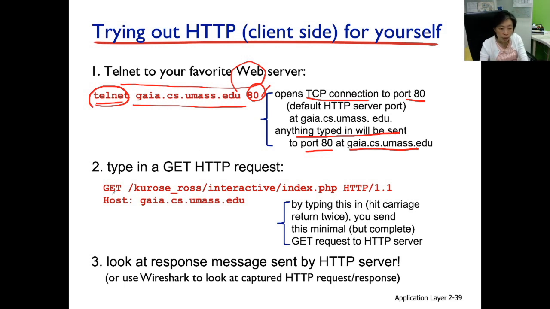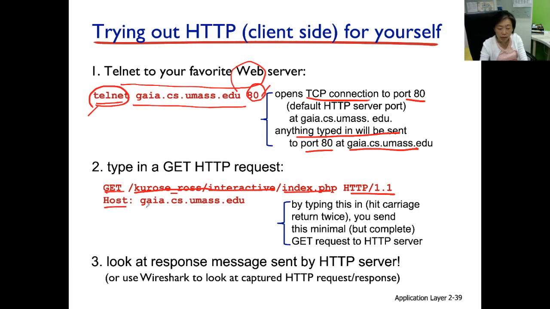Let's try typing this. GET, with the path name and file name as the argument for the GET command, and then the version. We'll be pretending that the Telnet here is an HTTP 1.1 client.